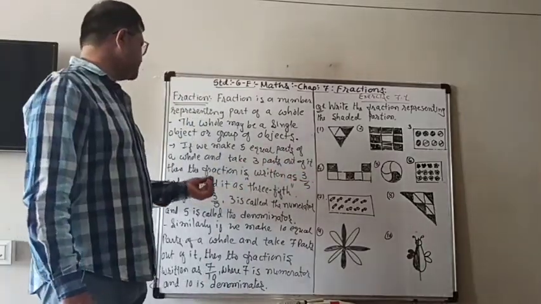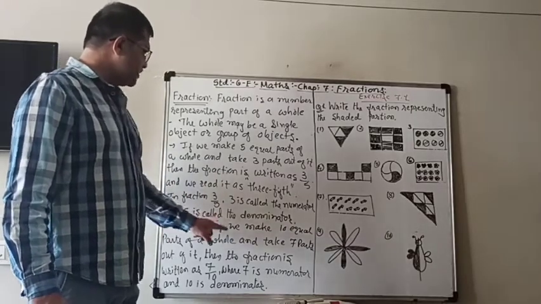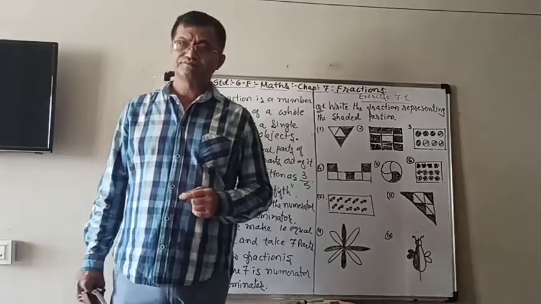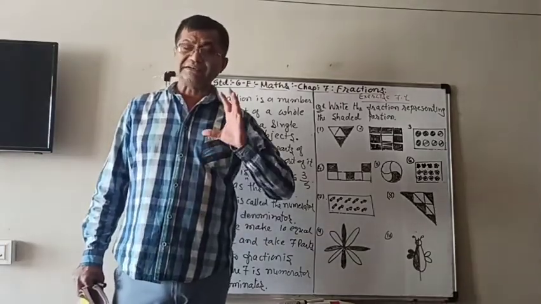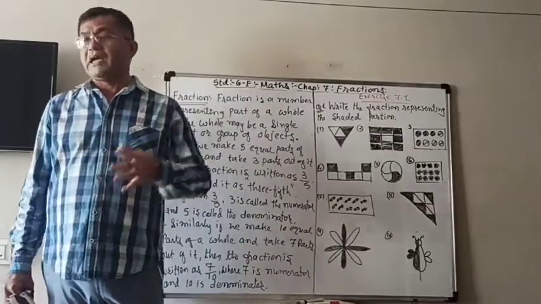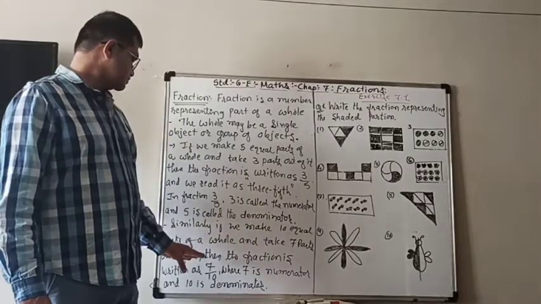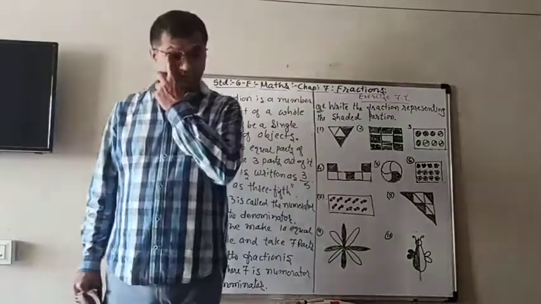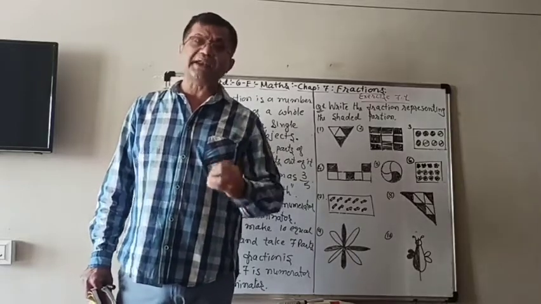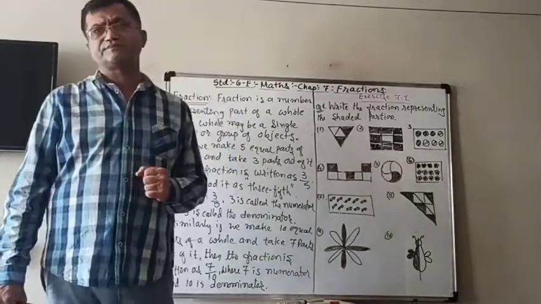Similarly, let's take another one. If we make 10 equal parts of a whole, and then from that, if we take 7 parts. So here, how many parts are made? 10. So 10 is in the denominator.